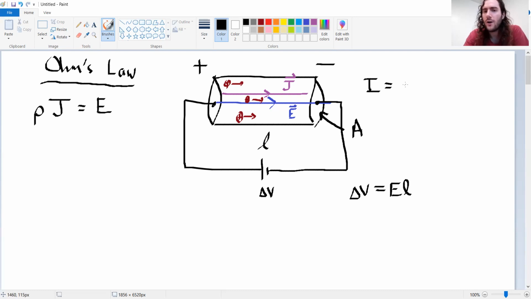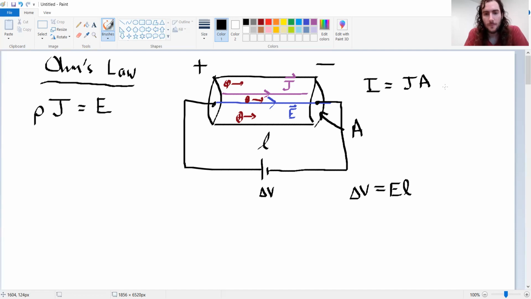If we want the total current in the wire, I, we take the current density and multiply it by A, the cross-sectional area. Current density is amps per meter squared, so we multiply by meter squared to get the full amount of current there. Of course, we then have to assume that this wire has constant cross-sectional area. It has to be a perfect cylinder, and so forth.